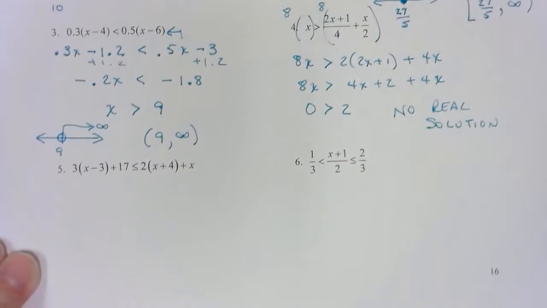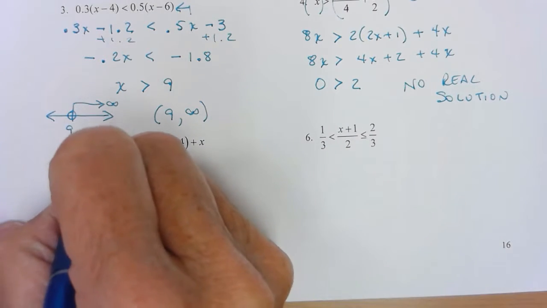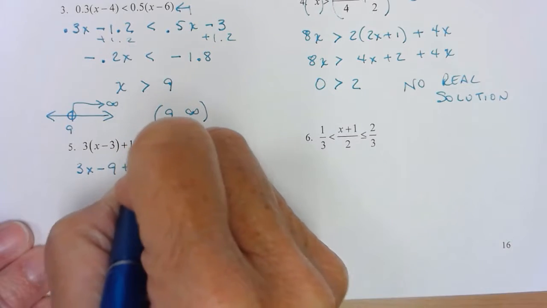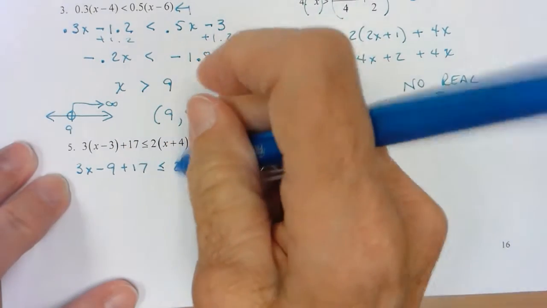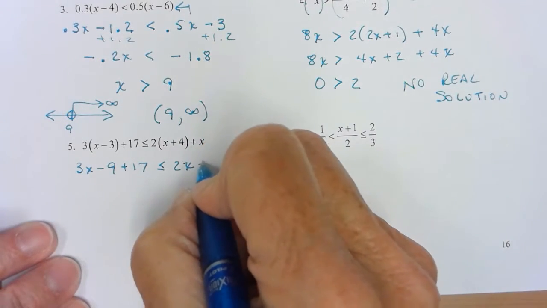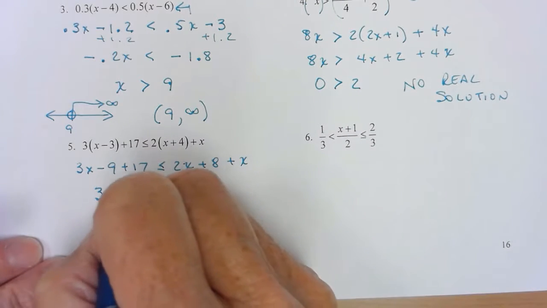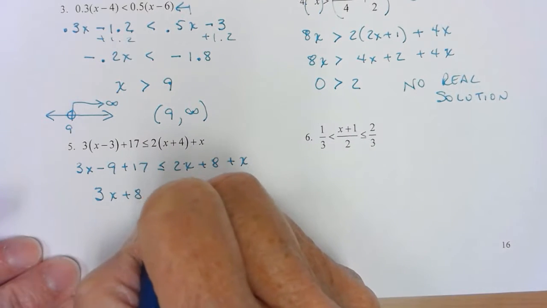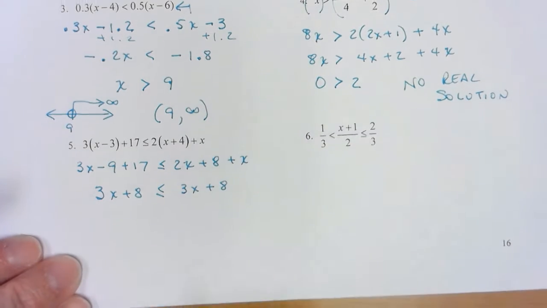Alright, let me look at the next one. Let me distribute through the 3 here. That would be 3x plus 8. This is 3x plus 8.